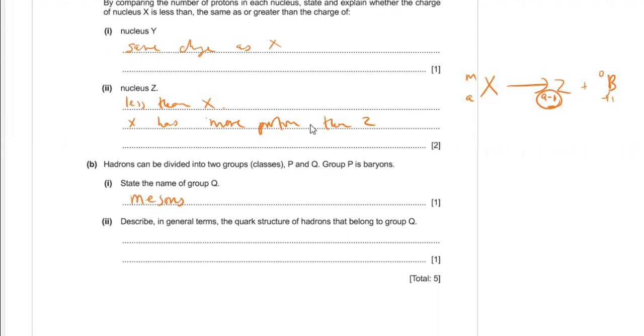Mesons are made up of 1 quark and 1 antiquark, while baryons are made up of 3 quarks.